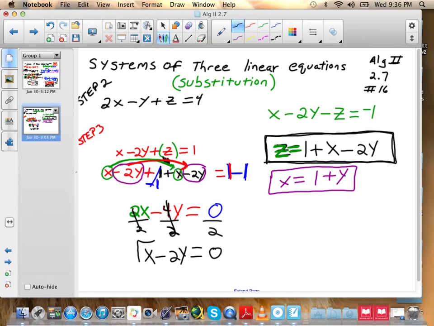So this leaves me pretty close to being done, right? The only thing left is, because I have a z equals something and an x equals something, now I need a y to equal something.